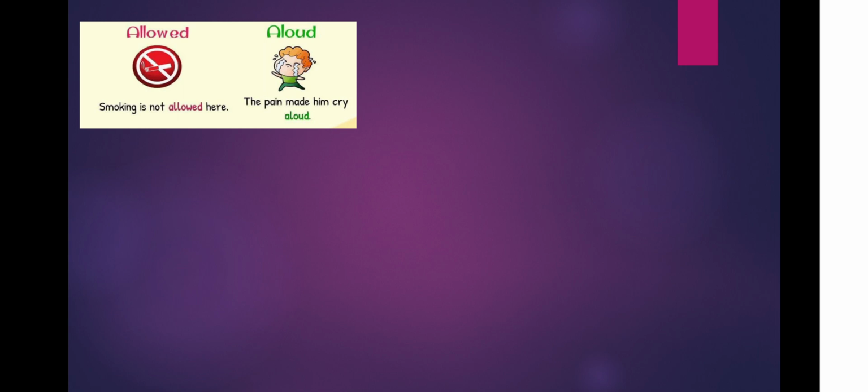So for example, the pain made him cry aloud, right? So these are the examples of allowed and aloud. These are the differences between the spellings, but when we pronounce them, they are similar. So here's the example of allowed and aloud. It's all about how you pronounce it.